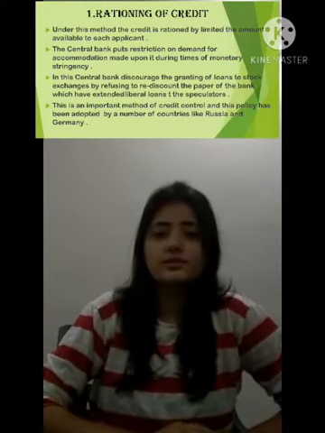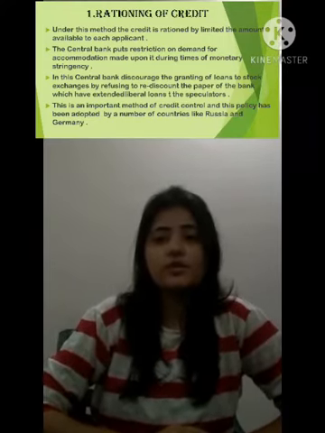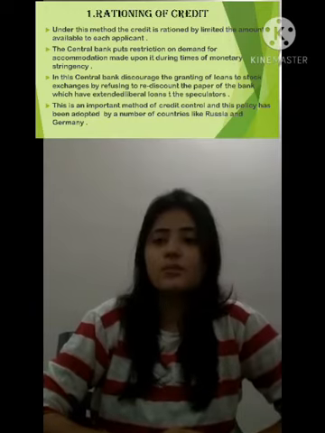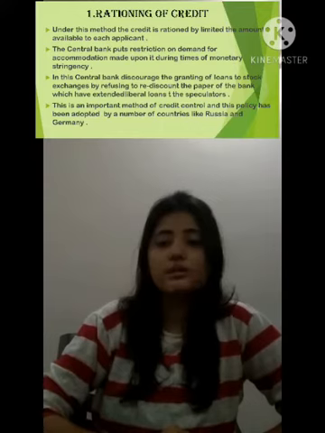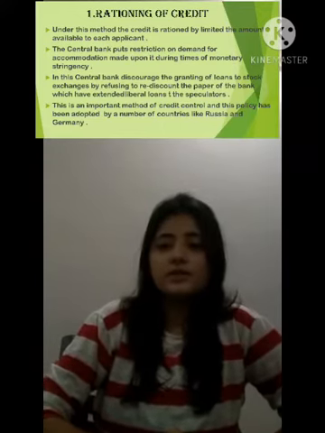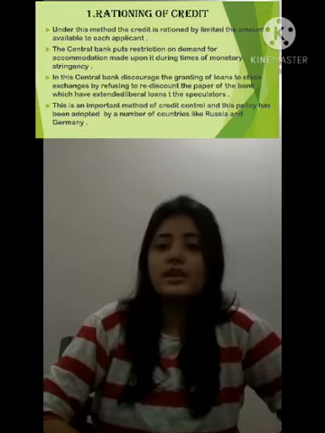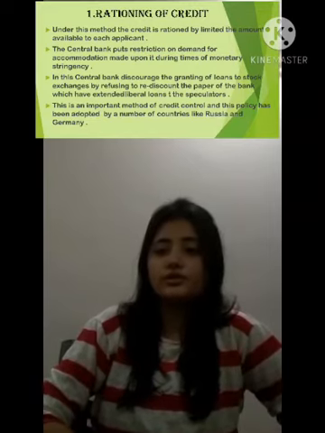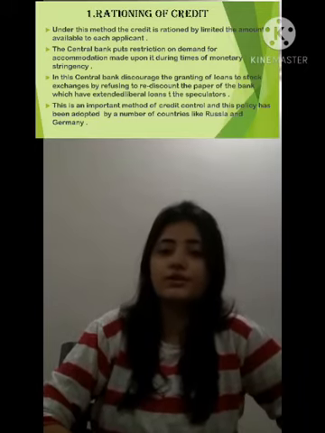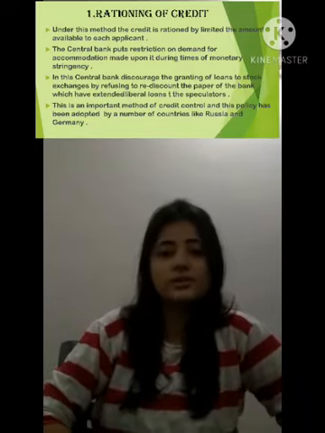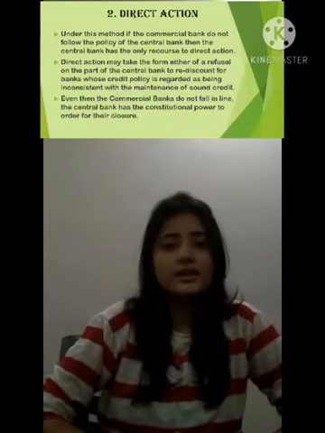In this, the central bank discourages the granting of loans to the stock exchange by refusing to rediscount the paper of a bank which has extended such loans. This is an important method of credit control, and this policy has been adopted by a number of countries like Russia and Germany.